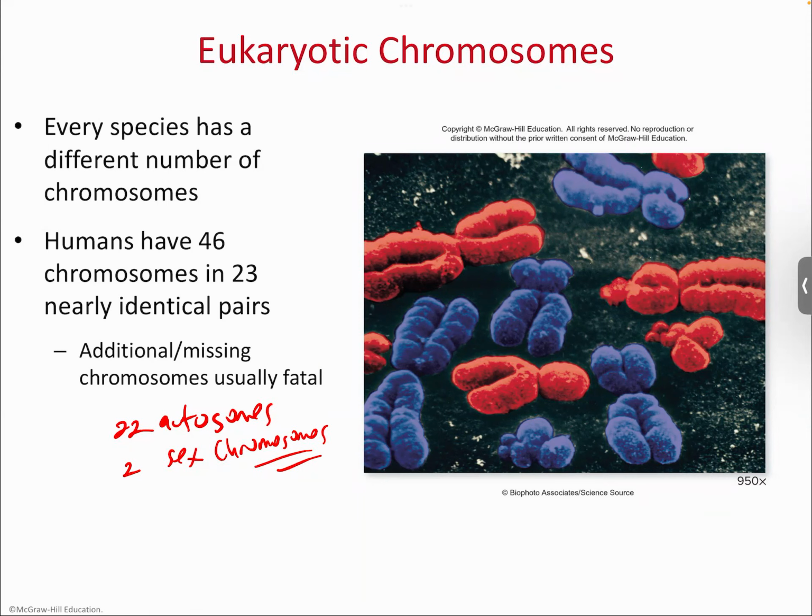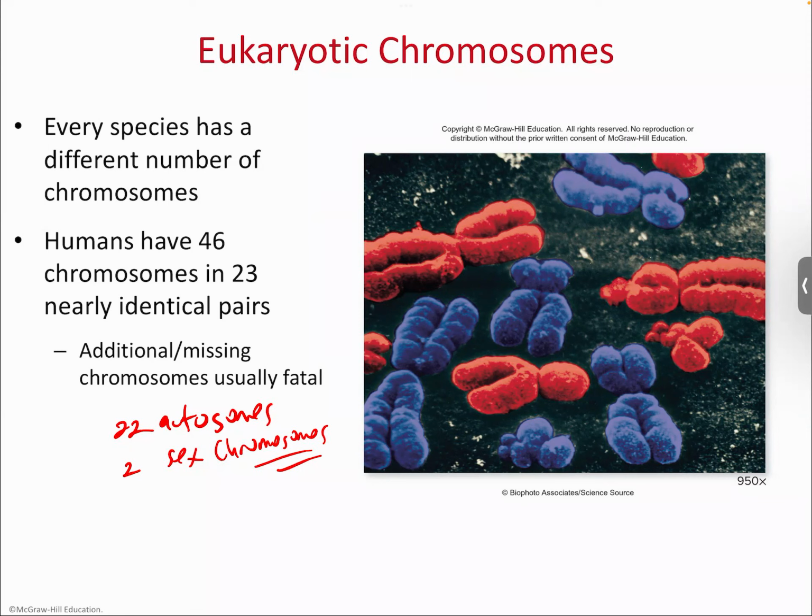But if you have extra chromosomes, like we saw with our chromosome squash, you probably remember before heading off to break, some of you had an extra chromosome, some of you had Down syndrome, some had Patau, some had Edwards. If you have an extra chromosome or a missing chromosome, that's typically not a favorable position to be in. Some organisms can handle it. We, however, cannot.